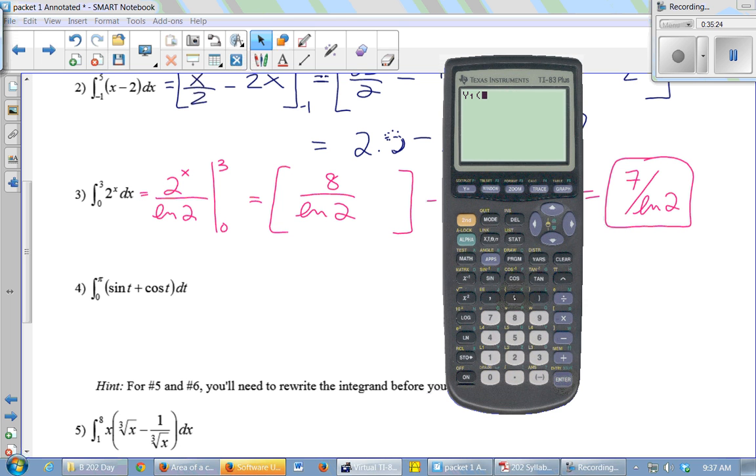And then I plug in a 3 and plug in a 0. And I get a decimal, 10.09. I can then type this in and see if it's the same decimal. Same thing. Okay. So we can be confident that our answer is right, but this calculator cannot give us the exact answer, right? And when I do the area under the curve thing, it also will only give me a decimal.